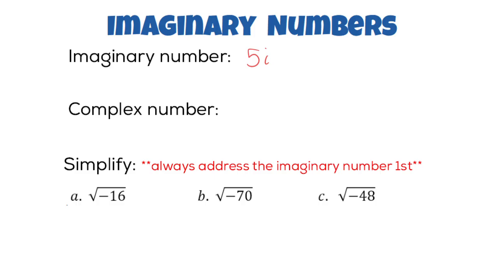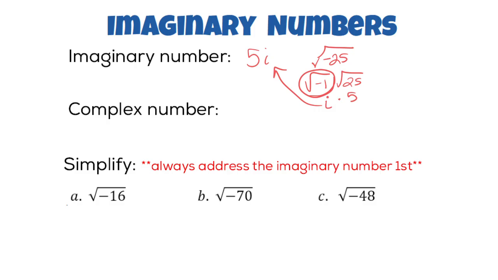You would get that by taking the square root of a negative 25, and we would break that down into the square root of a negative 1 and the square root of 25. The square root of 25 is just a 5, and the square root of negative 1 is what we define as an imaginary value i.